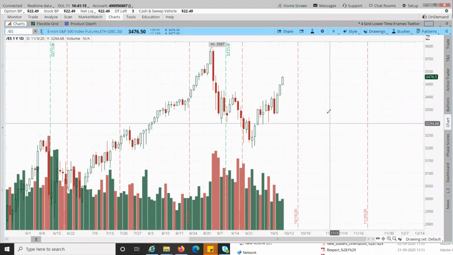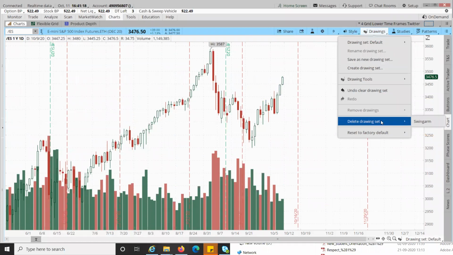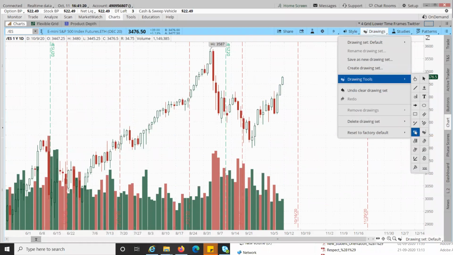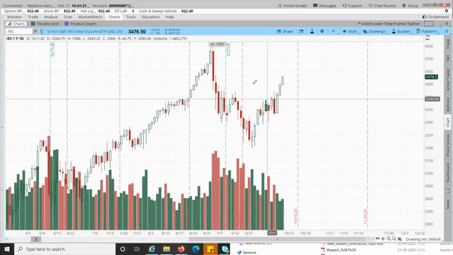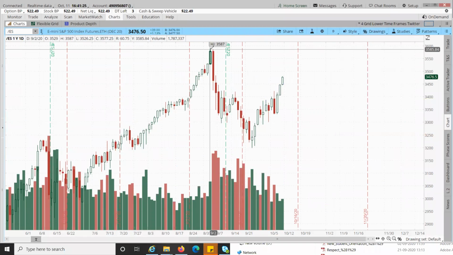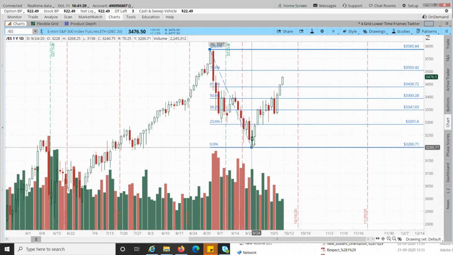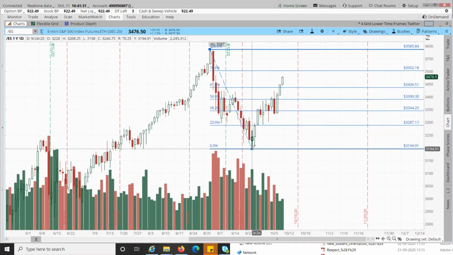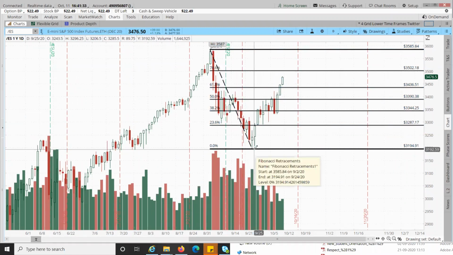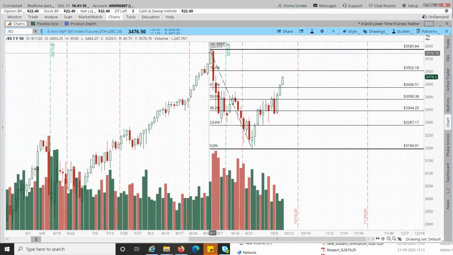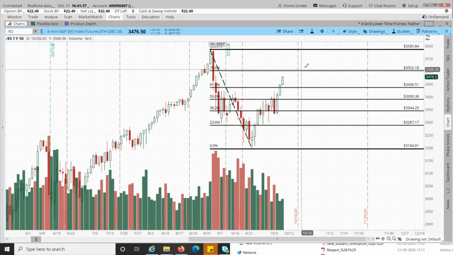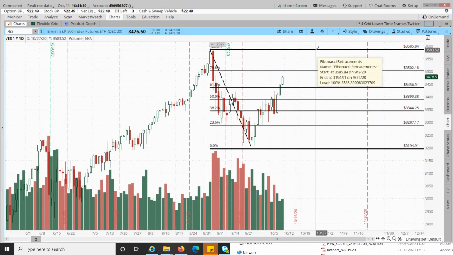See here, first I will show you why I don't do that. This is what I know is my top, and this is what I know is my bottom. Okay. Based on this, I know these levels, right?